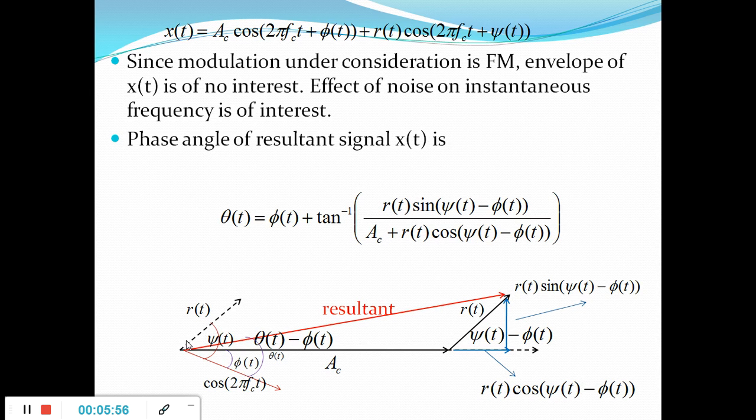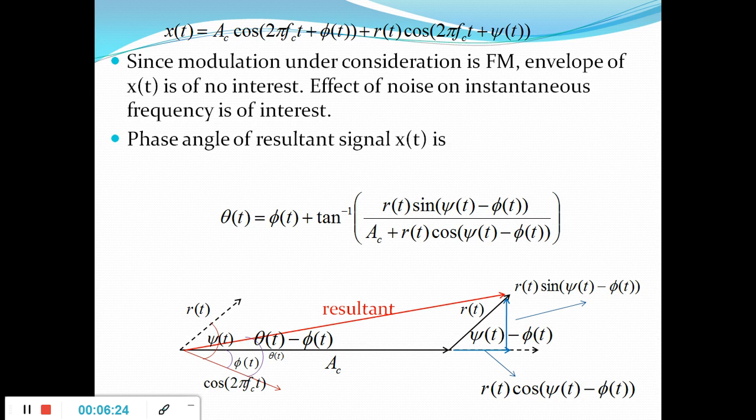Assuming the noise vector is too small compared with the signal vector, the resultant vector almost coincides with the signal vector. The opposite side will be negligible. Therefore, in the denominator we will have only the AC term.